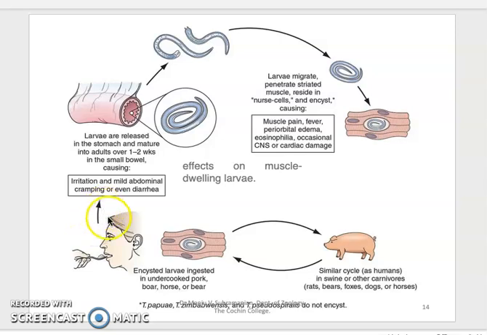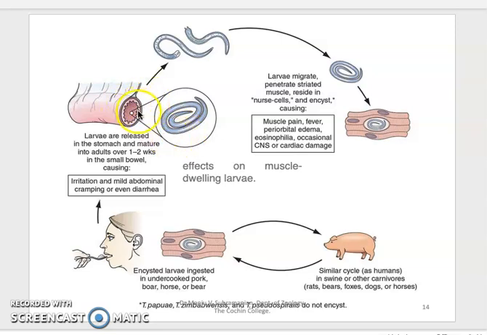Mild irritation, abdominal cramping or even diarrhea can occur if infection is mild, and the larva gets released in the stomach and matures into adults within about 1 to 2 weeks in the bowel.